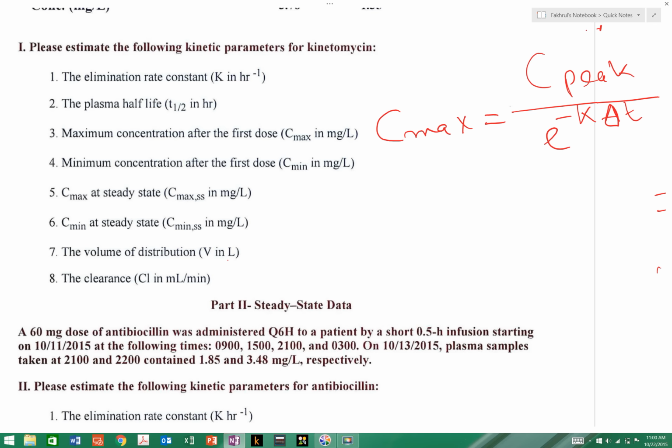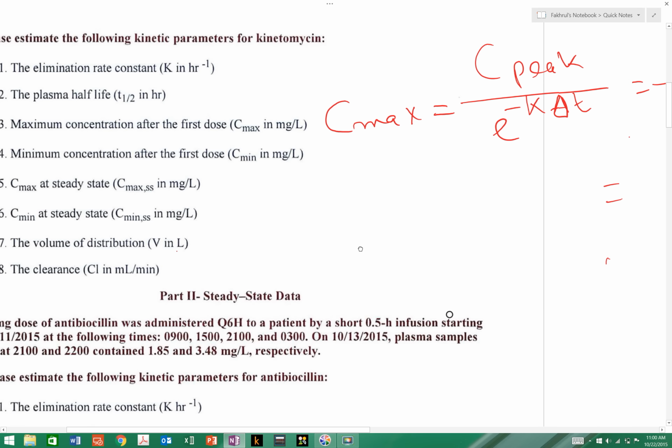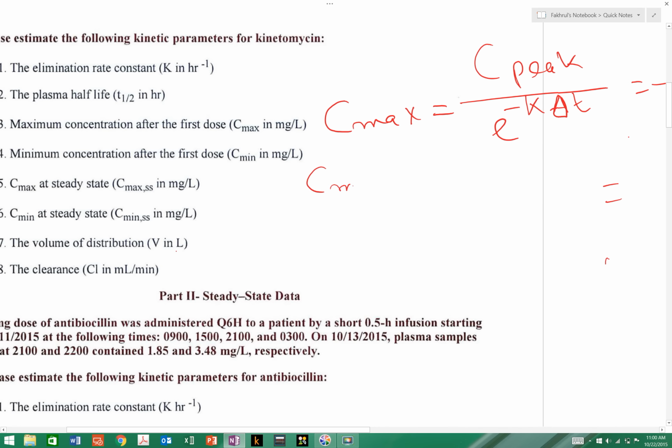So to calculate Cmean, we are going to use this equation. Cmean is C trough times e to the negative k delta T. You know what your C trough is?